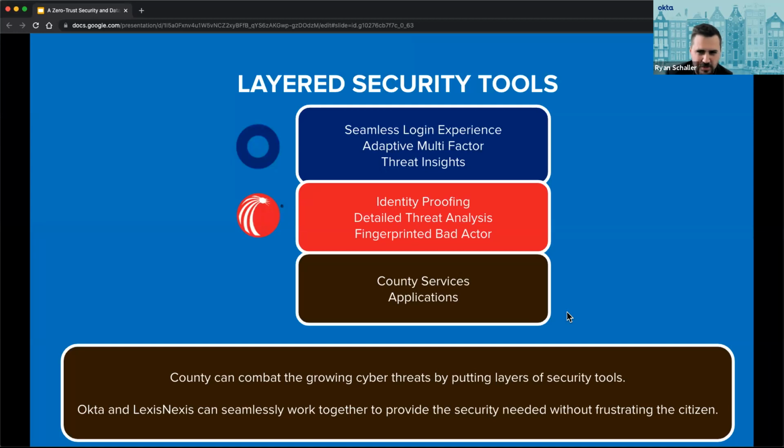In some cases, I might have a layer with identity proofing, detailed threat analytics that might fingerprint a bad actor. And on top of that, you're going to potentially purchase cloud solutions that help you de-risk yourself as much as you can. There's still a shared risk model when you're buying any kind of software service and operating it. But give yourself the advantage as opposed to a disadvantage where you're completely blindsided.